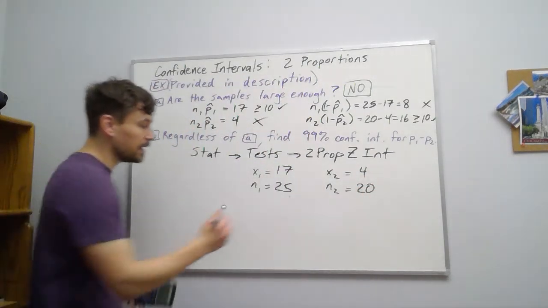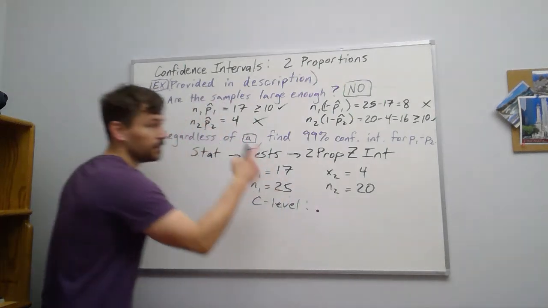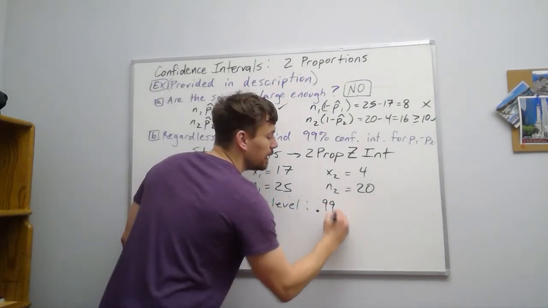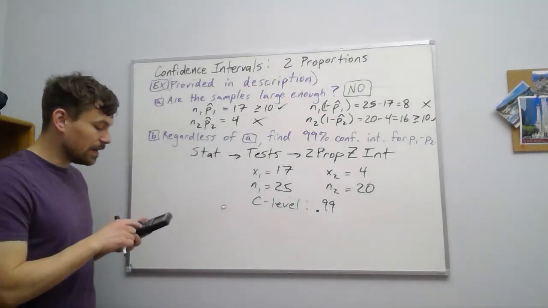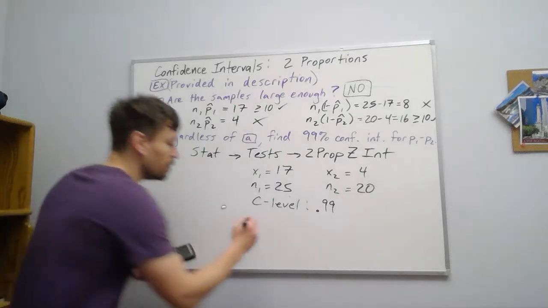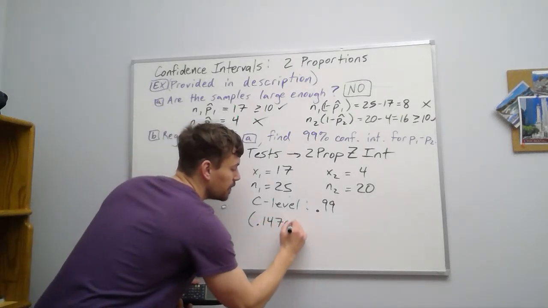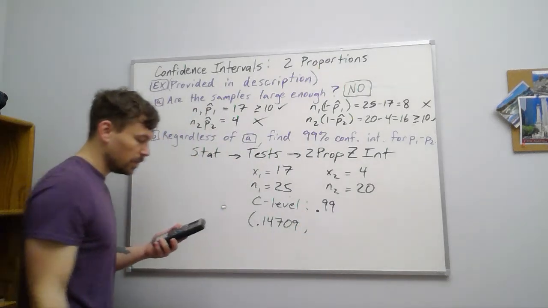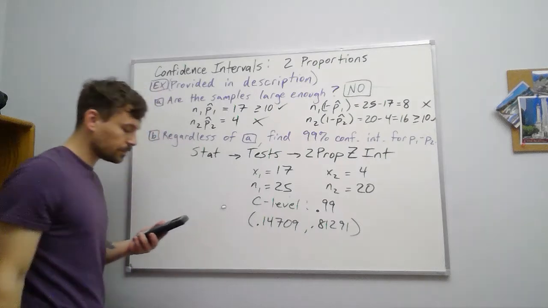And then the only other thing it asks is, what's your confidence level, your C-level? For us, if we want 99%, we're going to say 0.99. Then we calculate this, and we end up with an interval of 0.14709 to 0.81291.